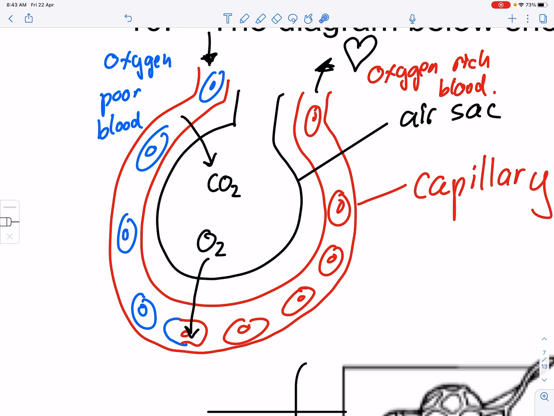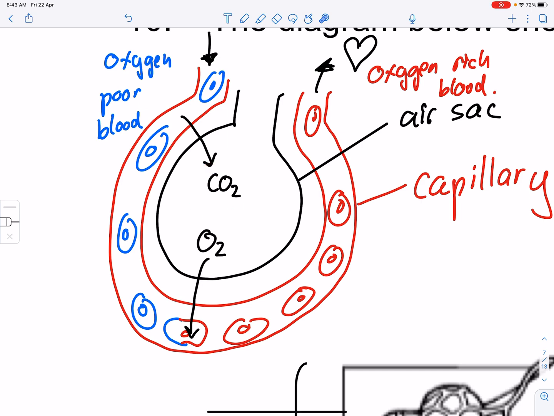And they assume that your carbon dioxide also gets carried by your oxygen. No. Your carbon dioxide is in the blood itself, but it's never carried by your red blood cells. Only the oxygen binds to your red blood cell. The carbon dioxide is just dissolved in your blood.